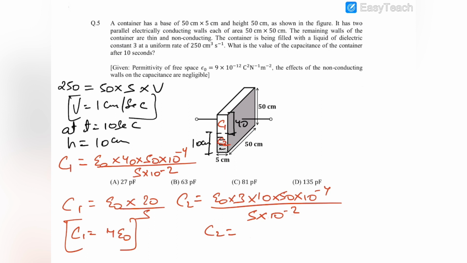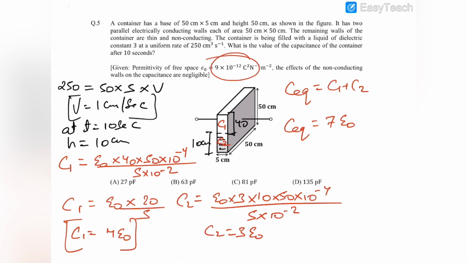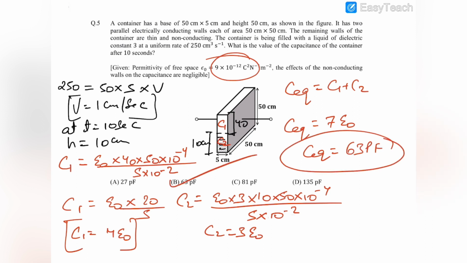So C2 would be 3 epsilon naught. And these two are in parallel, so C1 plus C2 will be equal to 7 epsilon naught, and epsilon naught is this. So C equivalent would be 63 picofarads. So the correct answer would be B.